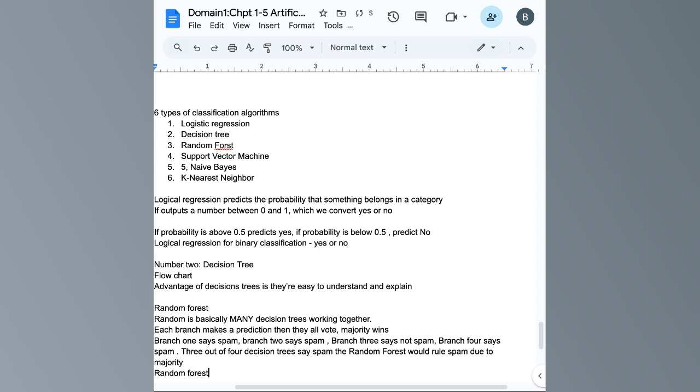Random forests are more accurate than a single decision tree because they reduce overfitting.